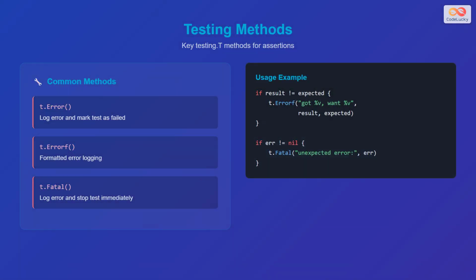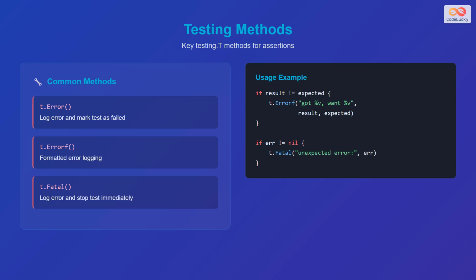The testing.T type provides several methods that are essential for writing effective tests. Let's discuss some common methods. The t.Error method logs an error and marks the test as failed, but continues execution. The t.Errorf method allows for formatted error logging, providing more context.